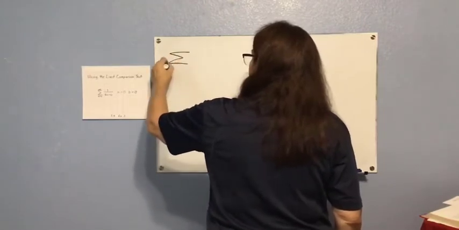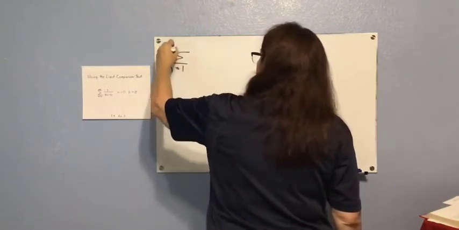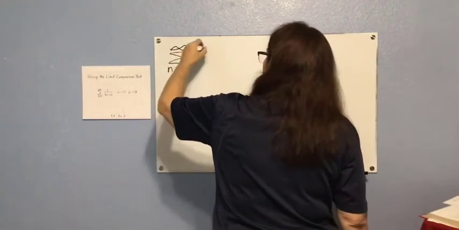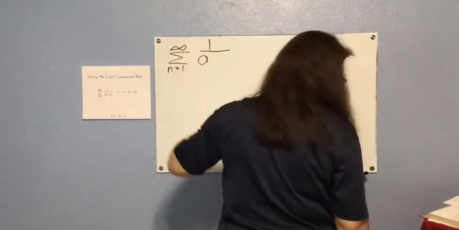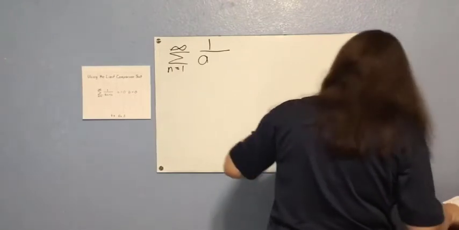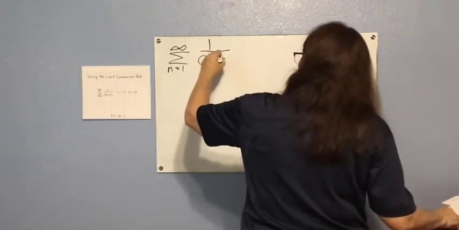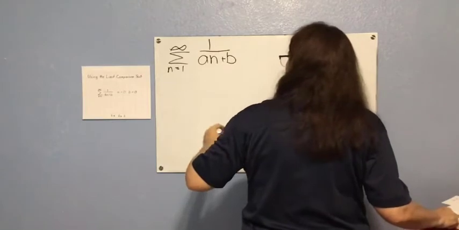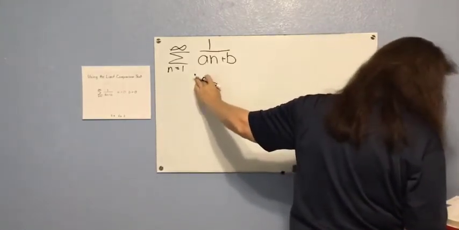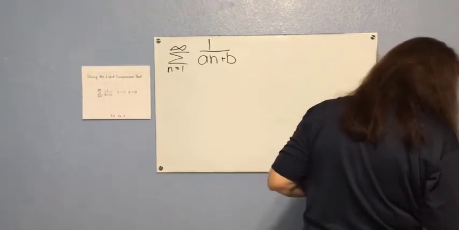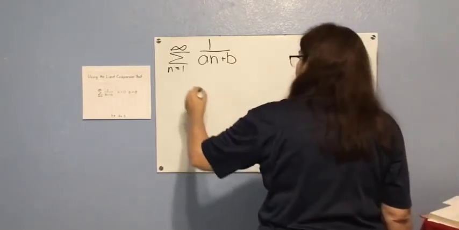We've got a series, and you might remember that this is called the general harmonic series. And we want to show that it diverges.